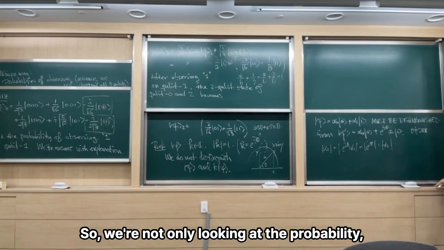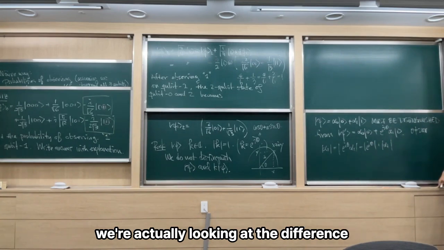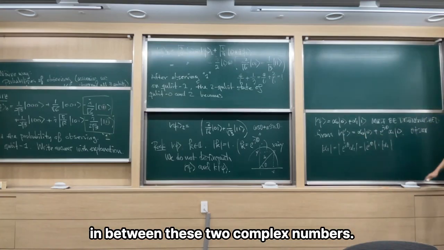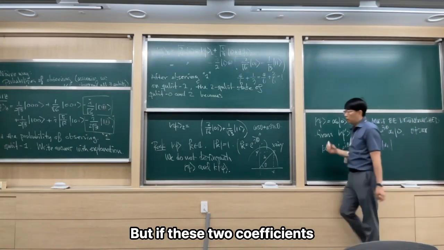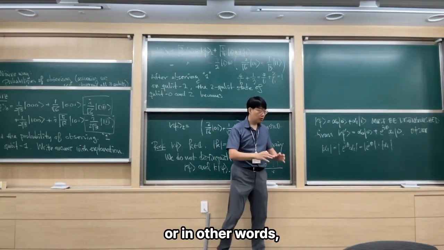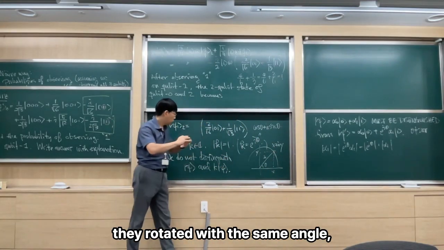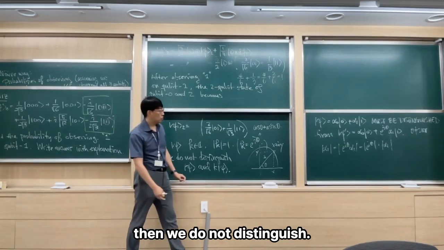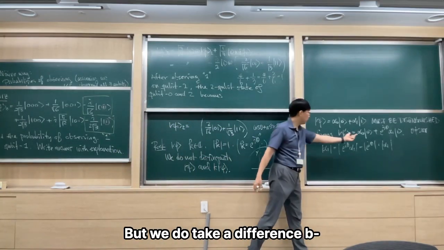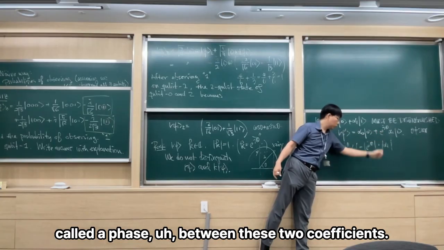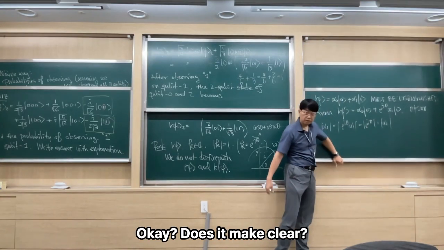So we're not only looking at the probability, we're actually looking at the difference between these two complex numbers. But if these two coefficients are changed simultaneously, in other words, they rotated with the same angle, then we do not distinguish. But we do take the angle difference, which we call the phase, between these two coefficients. Okay?